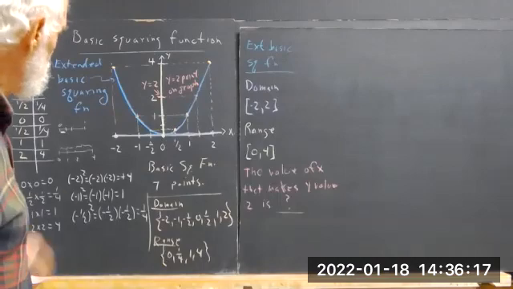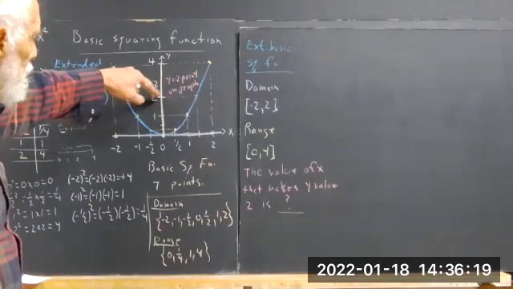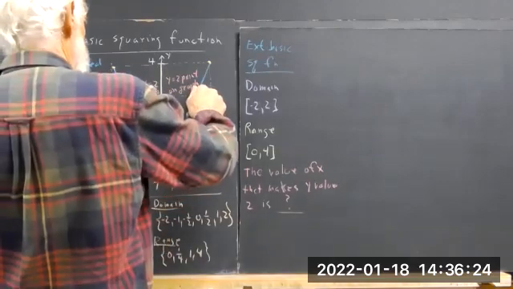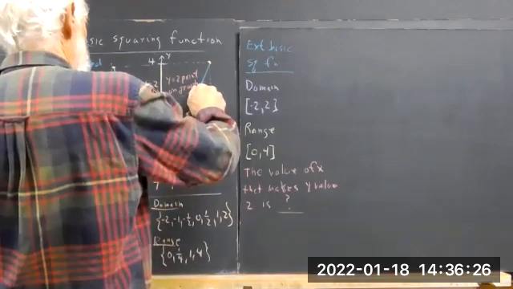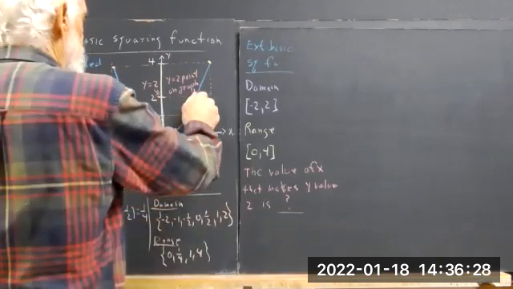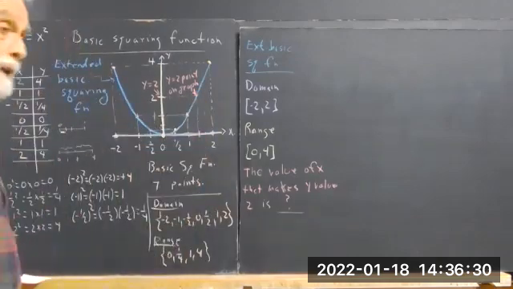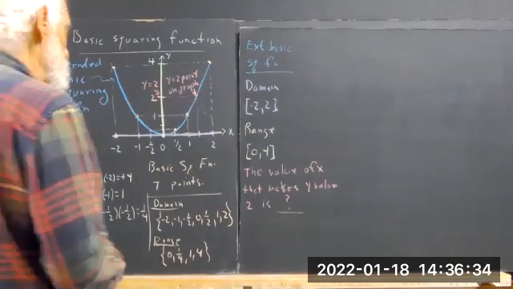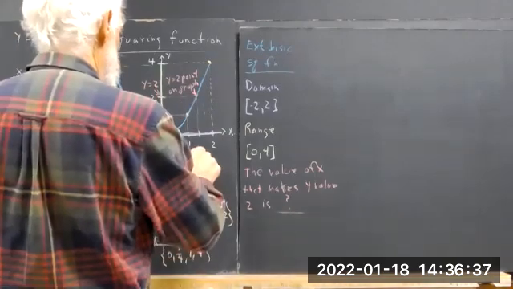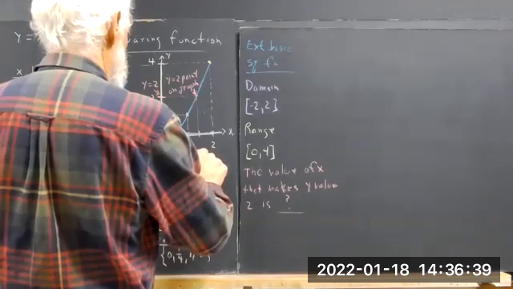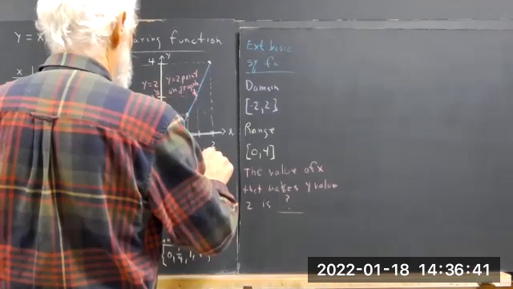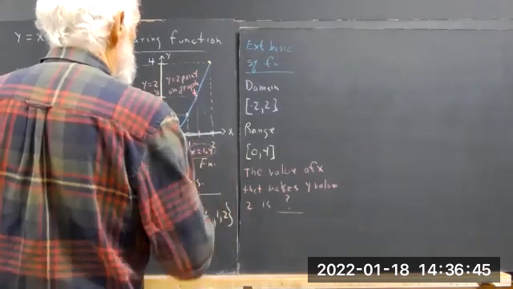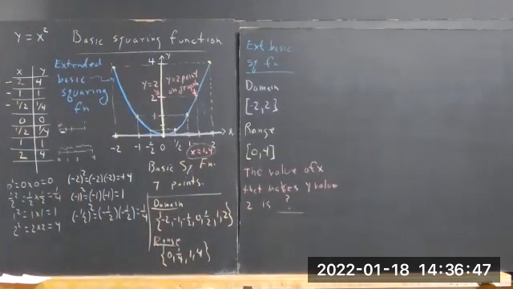That might be a little hard to read, but here's y equals 2, and this is the y equals 2 point on the graph, right here. So here's the x value that makes y equal to 2. Looks like x is about 1.4.